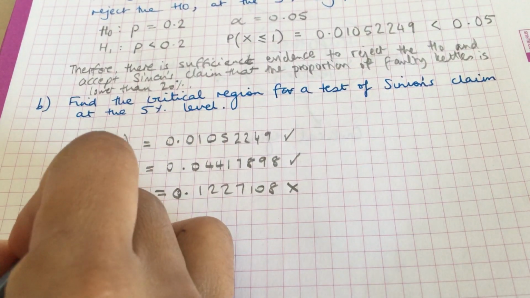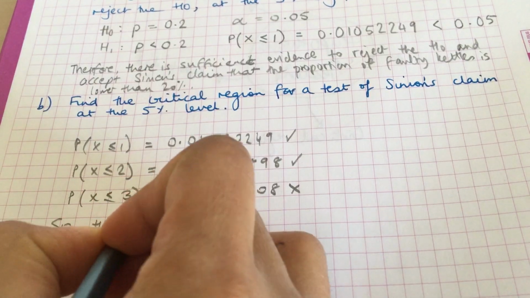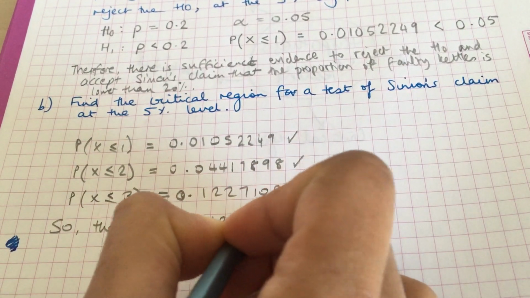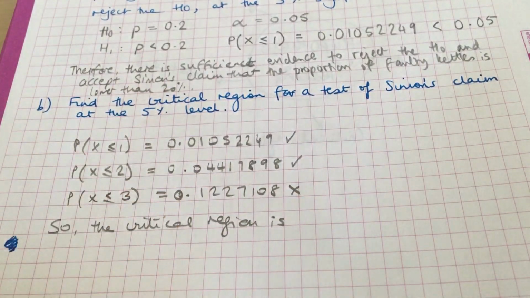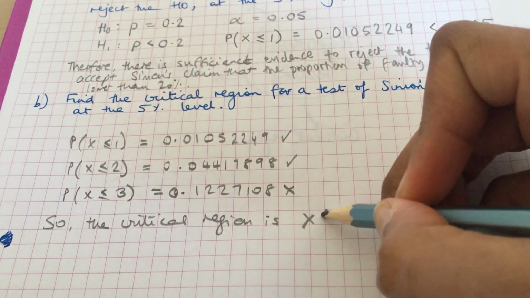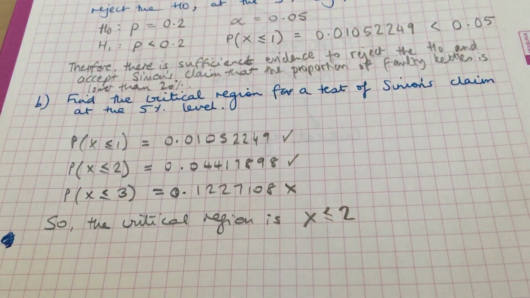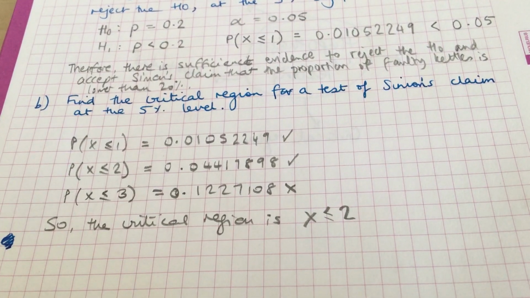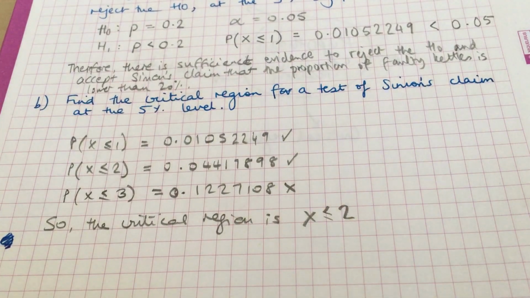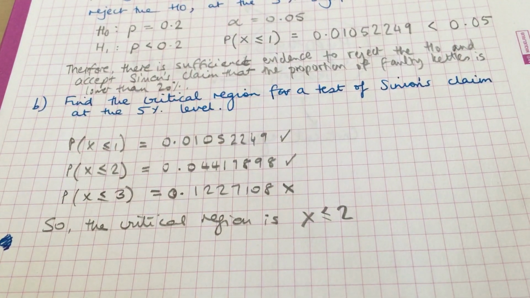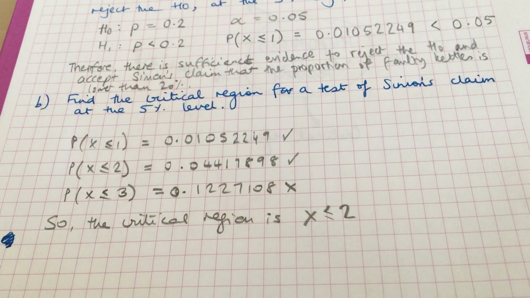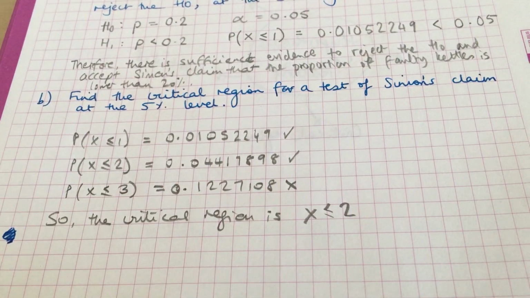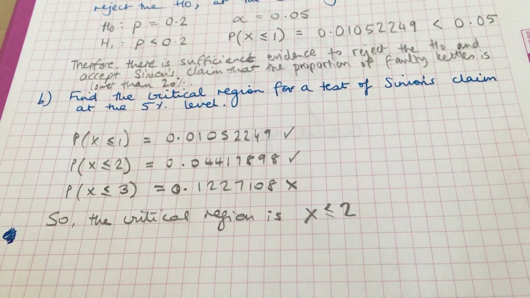So what we've found as a result of that is the critical region is x is less than or equal to 2. That means 2 or fewer kettles being found faulty out of 30 would be significant enough for us to reject Simon's claim that the proportion of faulty kettles must be lower than 20%.